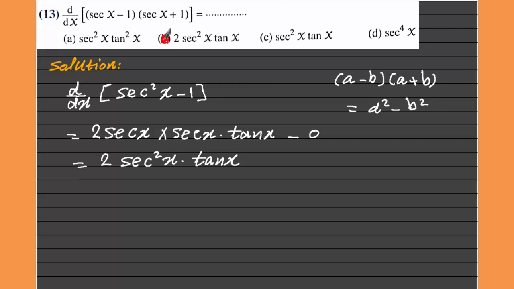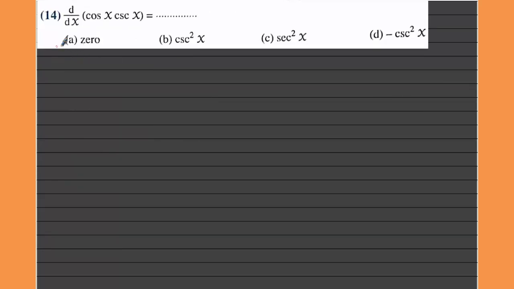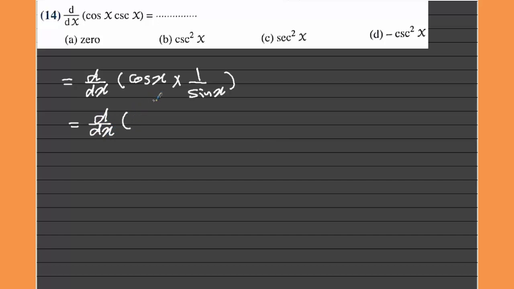Here is the solution. Question number 14, d dx cosine x cosec x. So it is equal d dx cosine x multiply cosec x is 1 over sine x. So it is equal d dx cotan x, cosine x over sine x is cotan x, and the cotan is equal 1 over tan.